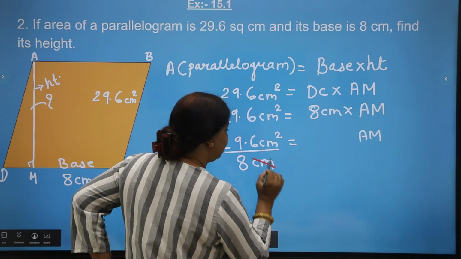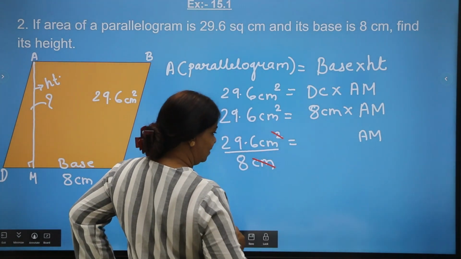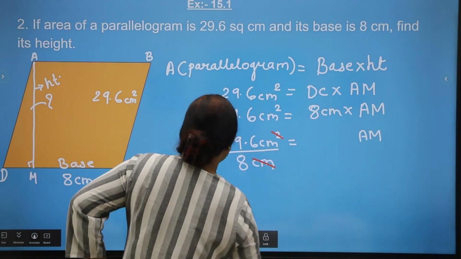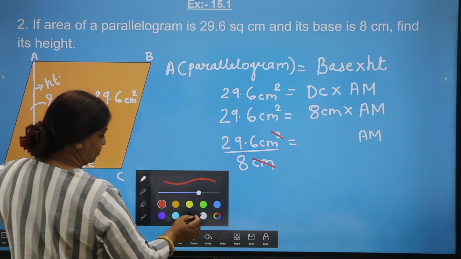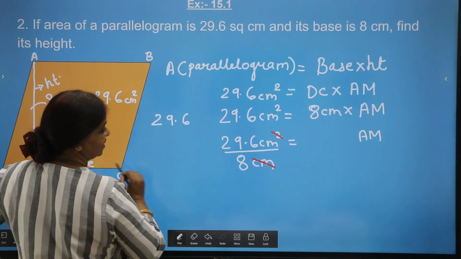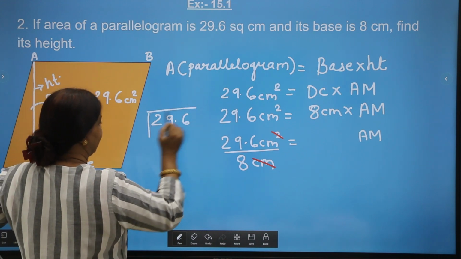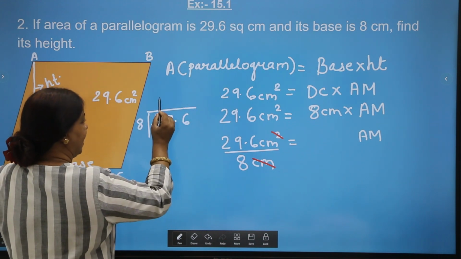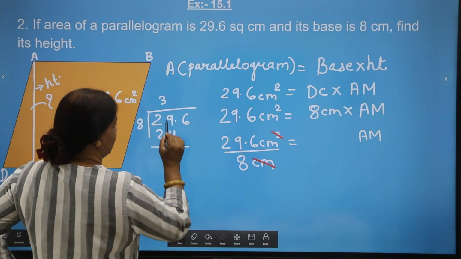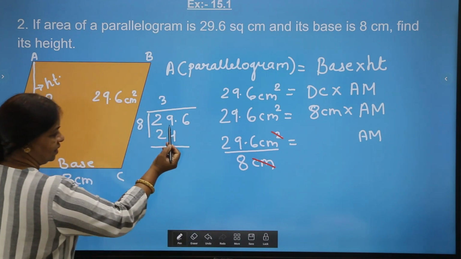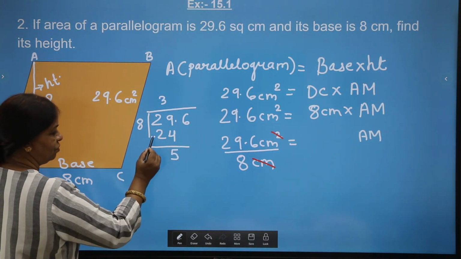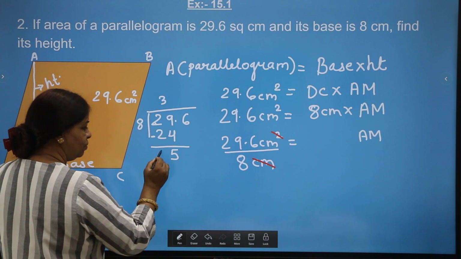Now centimeter will cancel. 29.6 should be divided by 8. Let us divide that number. 29.6 we need to divide by 8. 8 threes are 24. 9 minus 4 will be 5. 2 minus 2 will be 0.